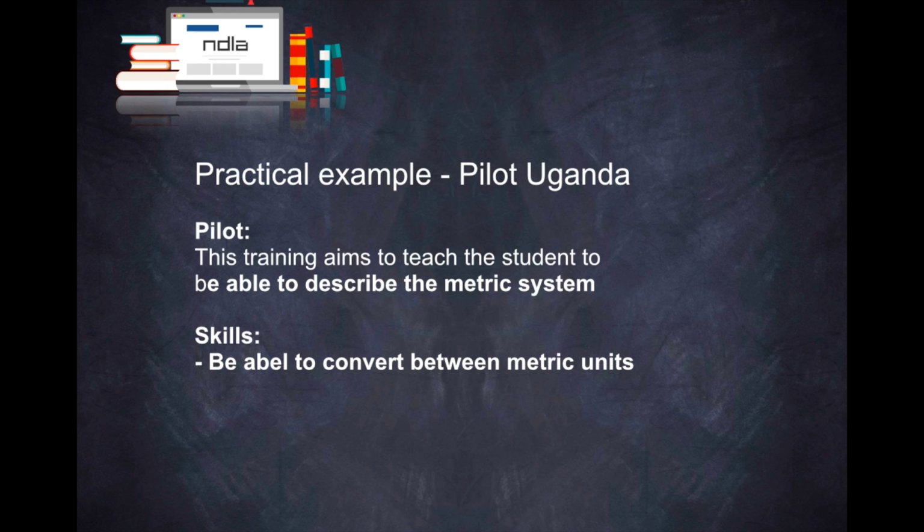And when it comes to skills, we want them to be able to convert between the metric units. And here we wanted something solid, describing what it was, exemplifying in detail the units, and maybe a practical application of sorts with a run-through of an example. And at the end, we wanted our students to be able to use interactive content to get feedback on their skills.